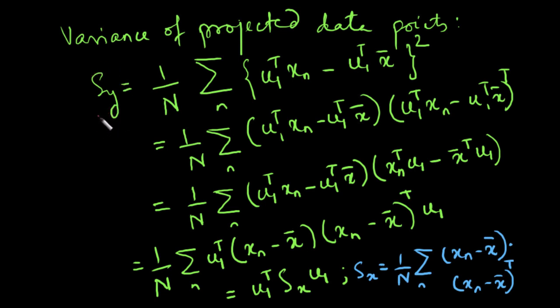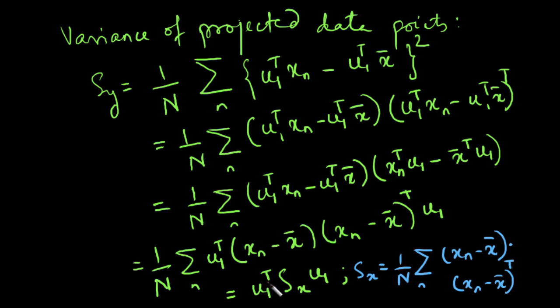So now what is our objective? Our objective, if you remember the earlier video where we discussed the PCA algorithm from an intuitive perspective, is that you want to find that direction of projection such that the variance of all the data points is maximized, meaning that the spread of the data points along that projected direction is the maximum.